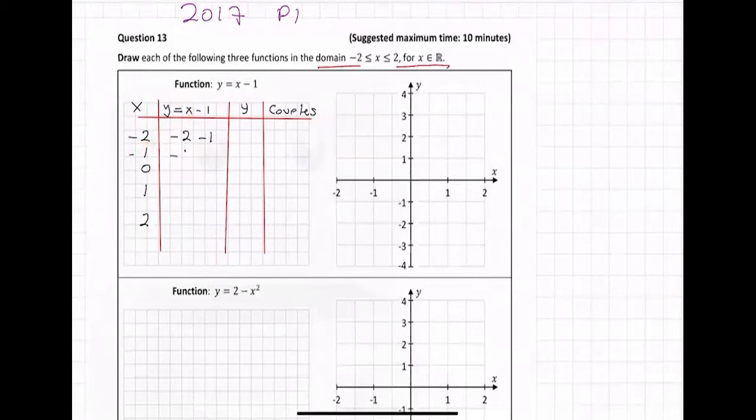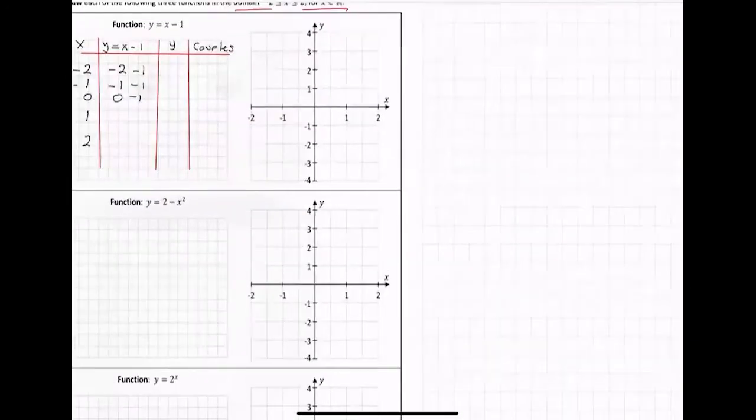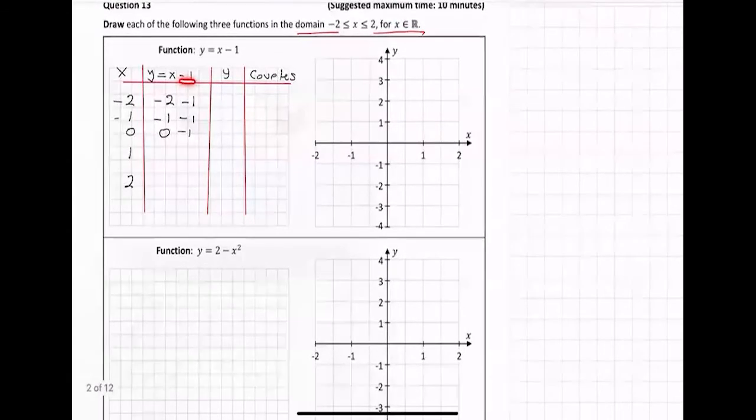This becomes -1 -1, 0 -1, okay, and so on and so forth. Okay, so you can see that the -1 doesn't change. It's what we call a constant. So that stays the same all the way down. The only thing that changes is the x values. Okay, and then you work out your y's.